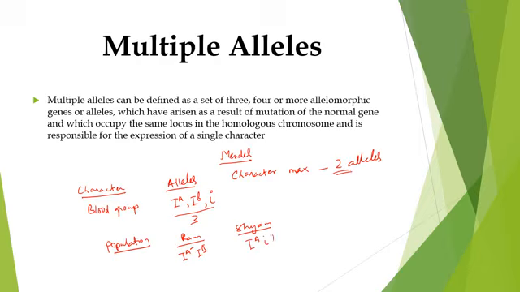So these are three alleles, but they are not in the same individual. They are in a population. Ram and Shyam taken together, then only can we represent the three alleles. You have to keep that in mind. So a single character can have more than two alleles. That is what we call multiple alleles, and this was not explained by Mendel. So this we can call a post-Mendelian concept.